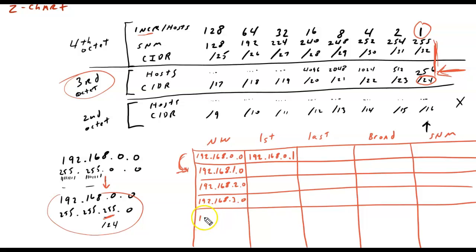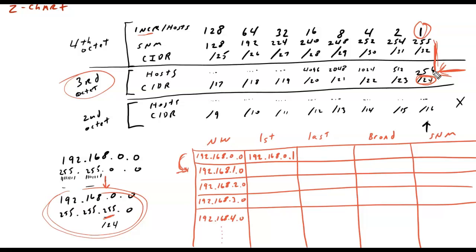The next one, 192.168.4.0. And so on and so on. So by looking at this chart, I could see that for a /24, if I'm going to subnet down to a /24, I need to increment by 1 in the third octet because that's where /24 exists. Does that make sense? Well, I hope so.